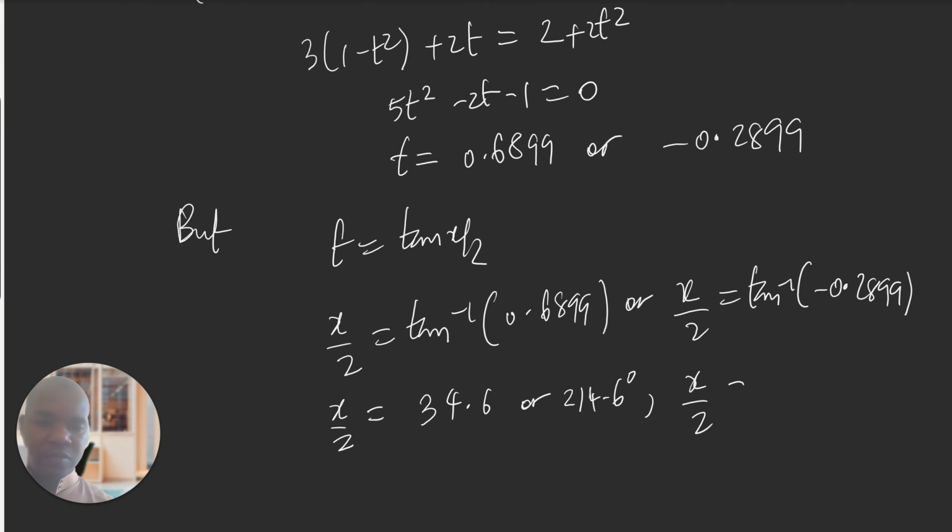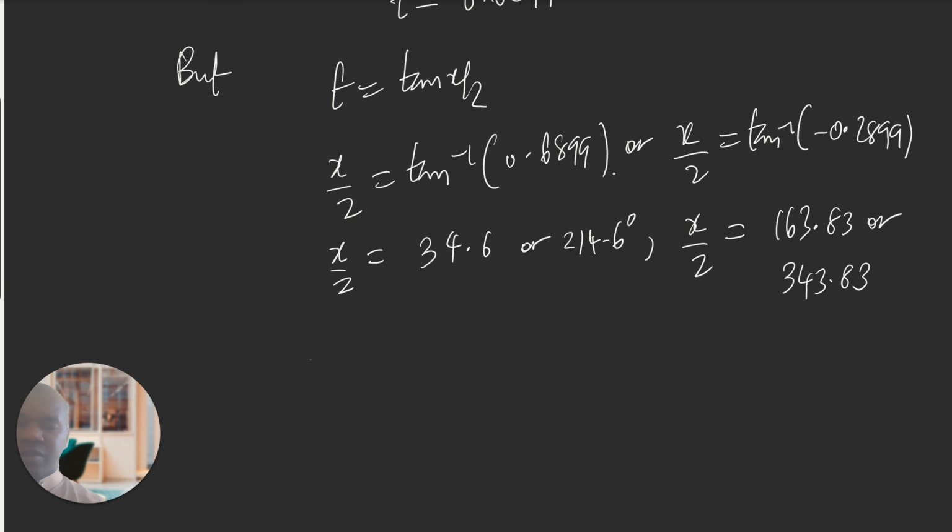And also x over 2 will be tan inverse of negative 0.2899. So you are either in the second quadrant, which is 163.83 degrees, or the fourth quadrant, which will be 343.83.